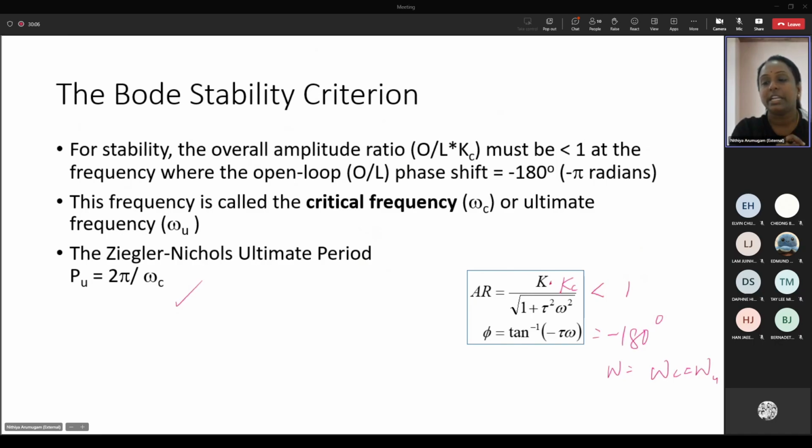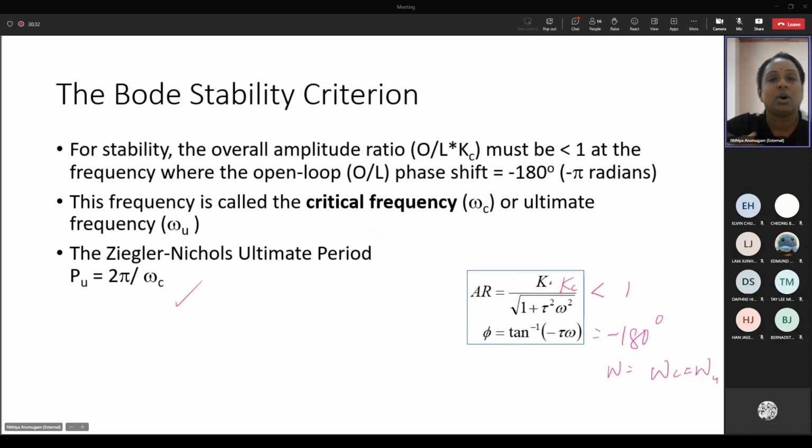The second one, it measures the relative stability rather than just a yes or no response, as some software gives. For example, if you ask whether the system is stable, it will say yes or no only. But here it will provide you relative stability.